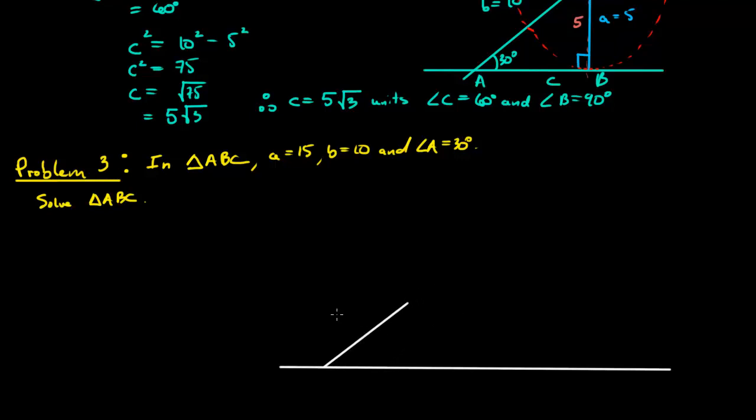So let's suppose that B is 10. This is angle A, which is 30 degrees. This is side C, all the possible values for C. And side A is 15. So it's got to be longer than side B. So let's say it's about that dimension.